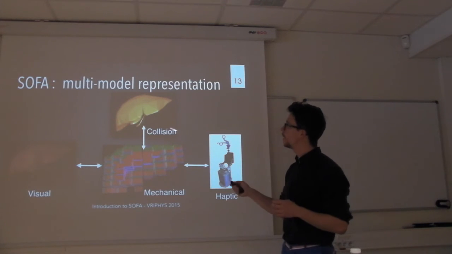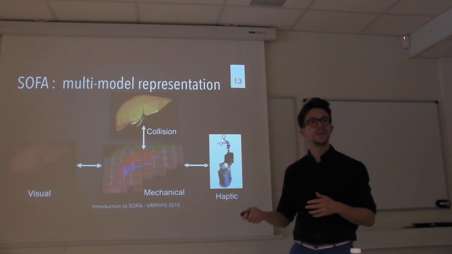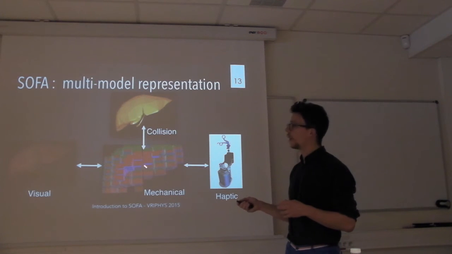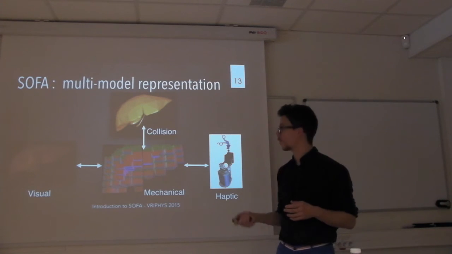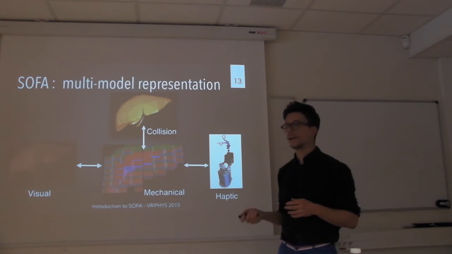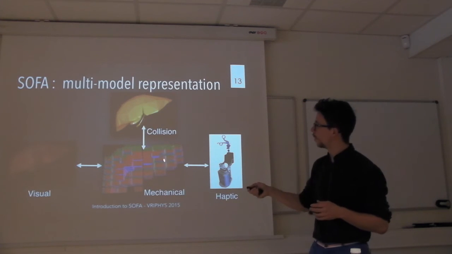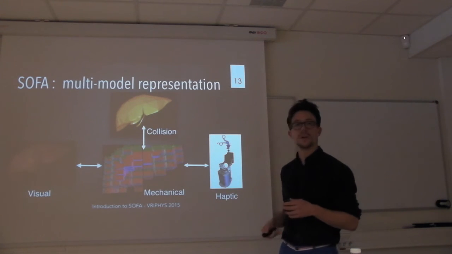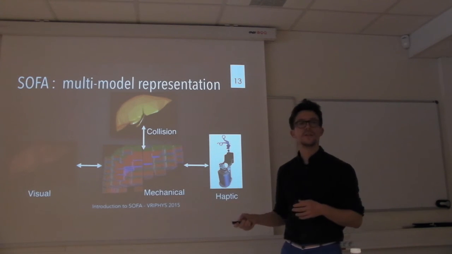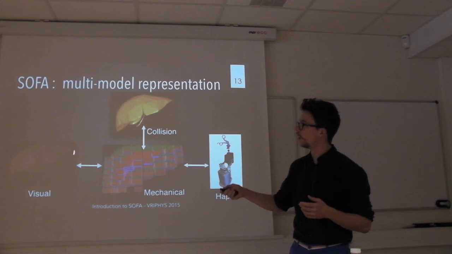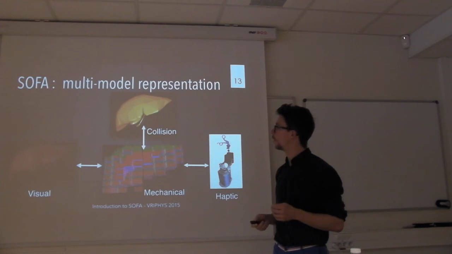So all these different kinds of representations and interactions that are going to happen during the simulation have to be linked to each other, because if you are pushing on your object, for example, due to a haptic interface, you want this action to have an impact on your mechanical object, on your mechanical representation, but then you want to see your visual model, your visual lever here, move accordingly to the deformation you applied.